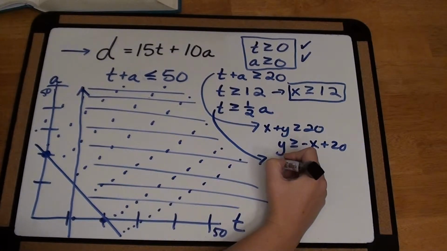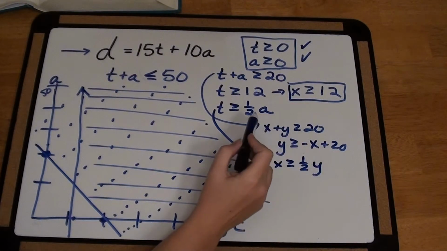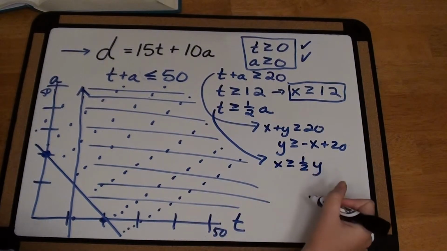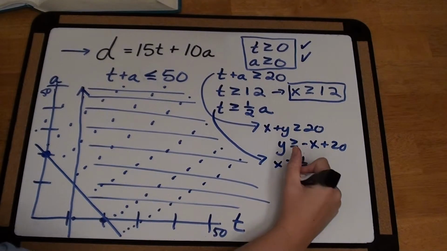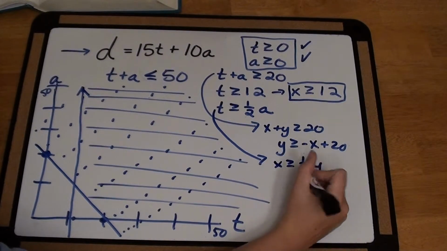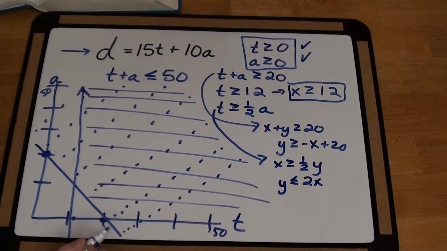Right now I have x is greater than or equal to 1/2 of y. I'm just making my a's the y's and my t's the x's so that it's easy for you to read. I'm going to write this down in a way that your mind is more used to seeing it. Multiply both sides by 2, so I get 2x, so y is less than or equal to 2x.